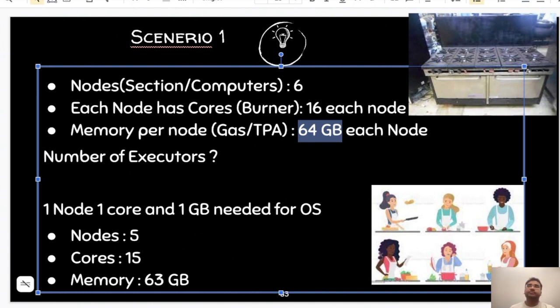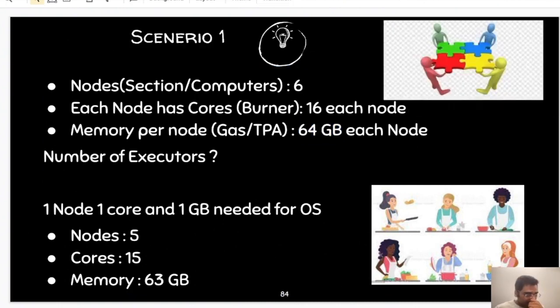So how many executors do you need, how many chefs do you need, to make your work parallel? If you use six chefs and assign each chef to one stove having 16 burners, it will not be useful because only six parallel tasks can be done.